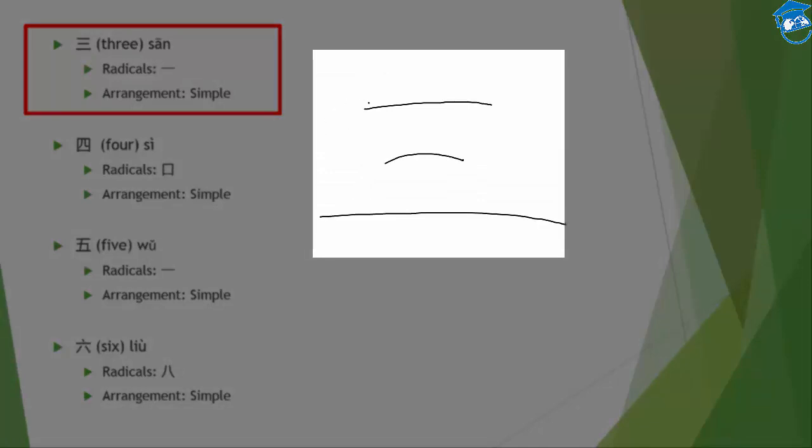Okay, so as you can see, the first stroke is longer than the second stroke, but it is shorter than the third stroke. So the second stroke is the shortest, and the third stroke is the longest. Okay, have this in mind when you are writing 三, 3.